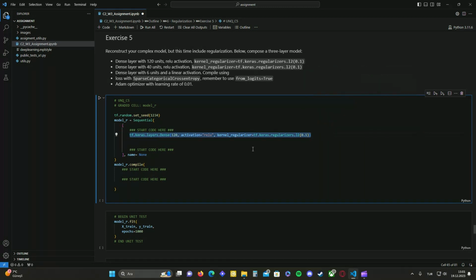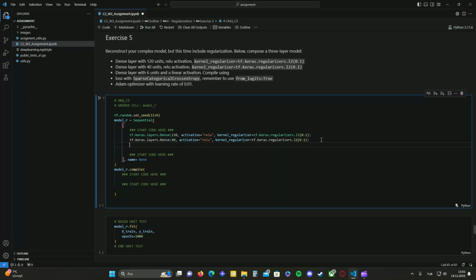Let's copy this. It's 40 ReLU and linear one.